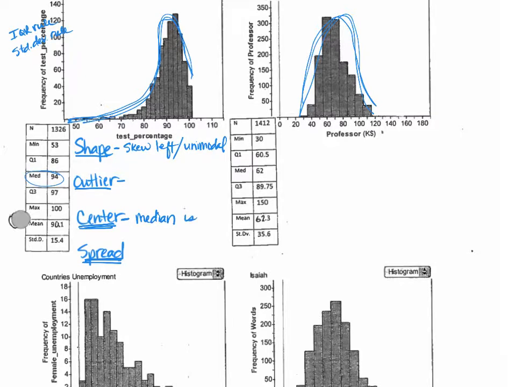So the median is 94. And for the spread, if we have skew, then we want to use median and IQR. And so our IQR is Q3 minus Q1. So 97 minus 86, that is 11.